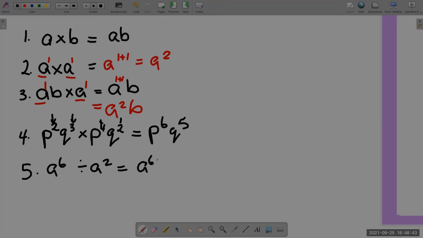It's going to be A to the 6 minus 2, which is A to the 4th. Excellent. Suppose I now had M to the 10th power, P to the 5th power, divided by M to the 3rd power, P to the 3rd power. What's my answer?